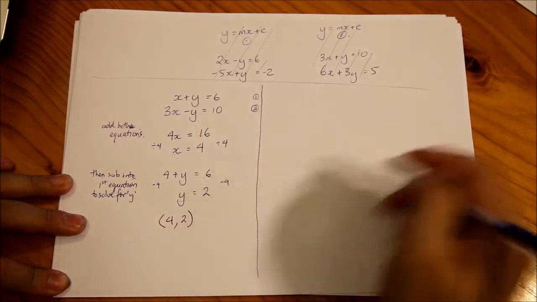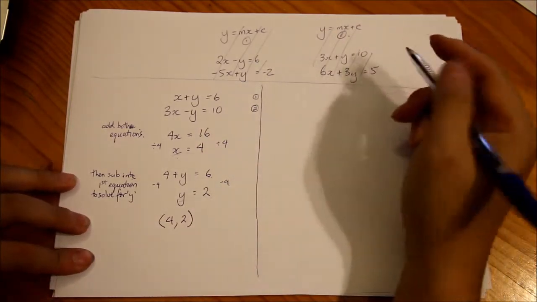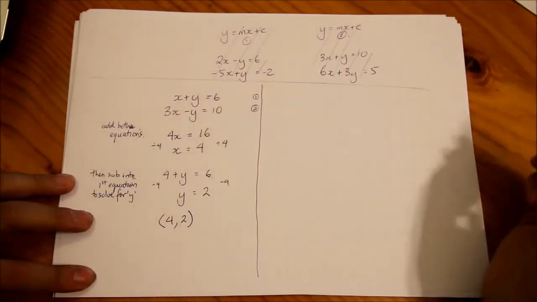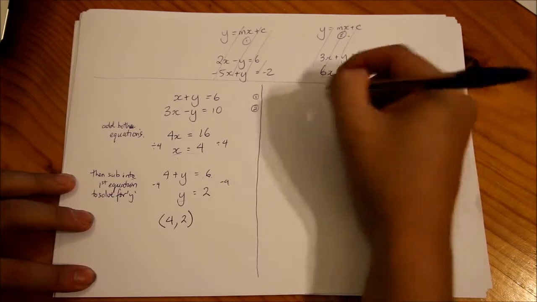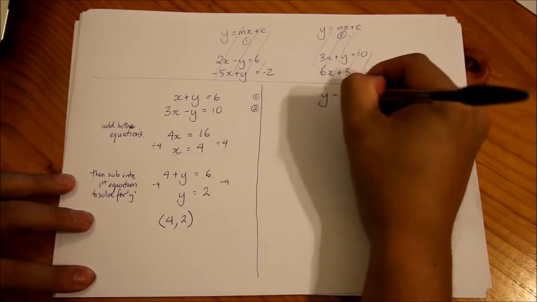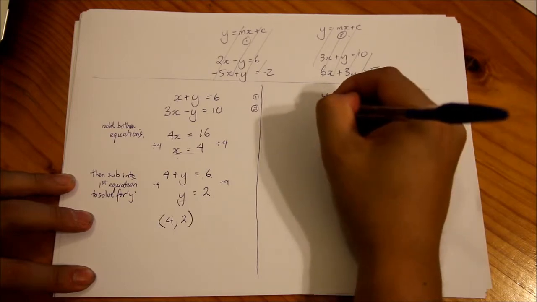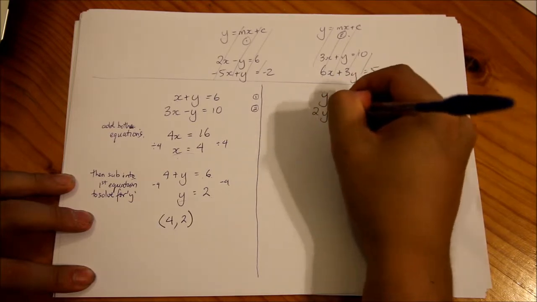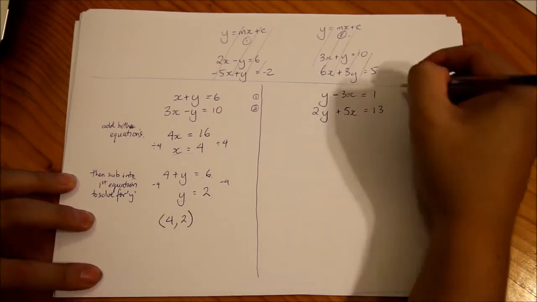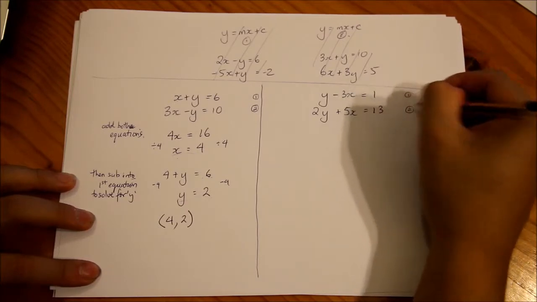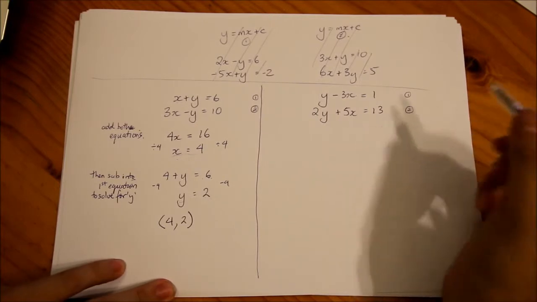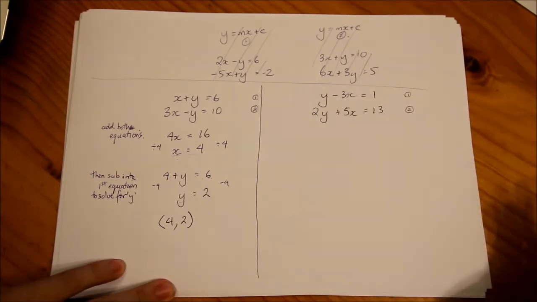I'm going to go through another example in which we would actually have to do a little bit of modification with these to get to where we need to be. So the second example is y minus 3x equals 1, and then 2y plus 5x equals 13. That's equation 1, that's equation 2. I am wanting to eliminate the y's.